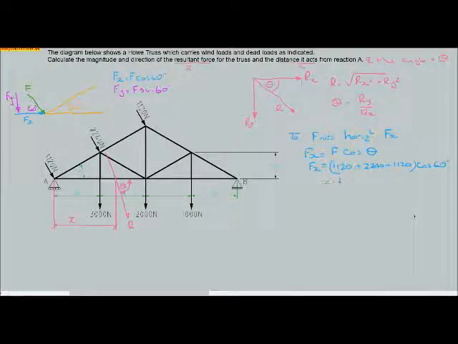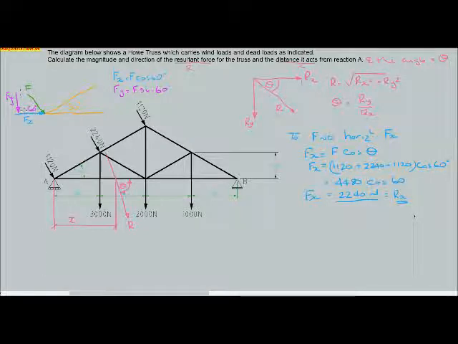So it's going to give you 4480 cos 60, 2240 newtons. And although it's Fx, there aren't any other horizontal forces, so in this instance it's also going to equal Rx for me. So I know what that is.